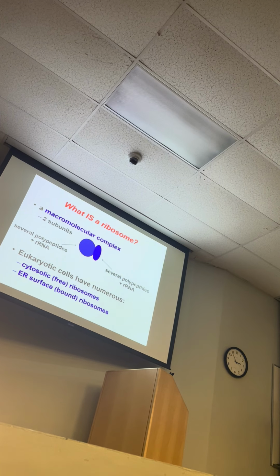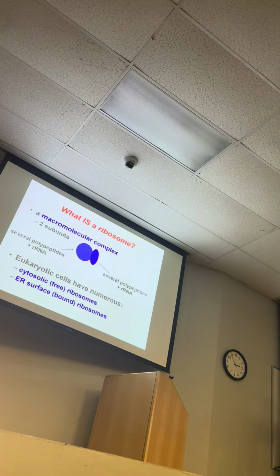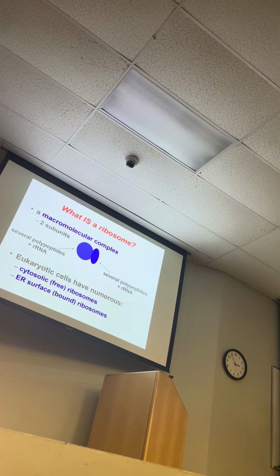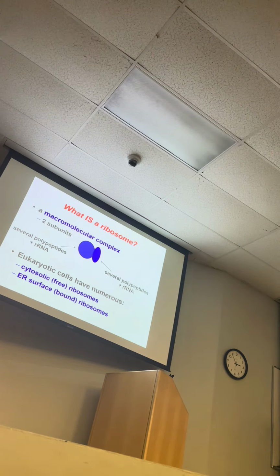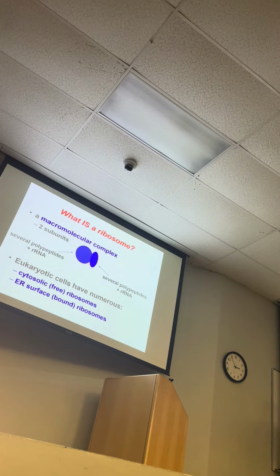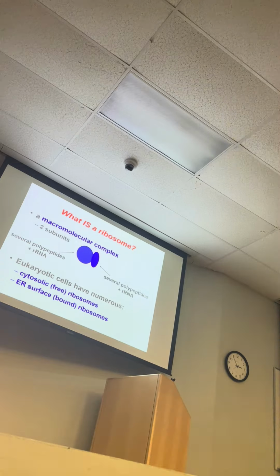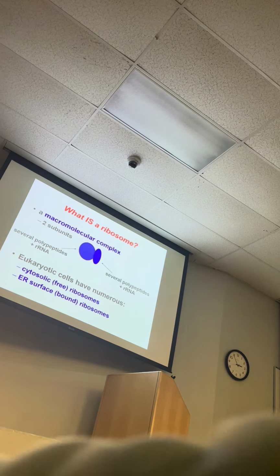In eukaryotic cells, there are ribosomes in the cytosol. It's a pool of ribosomes, actually. There are ribosomes in the cytosol. But I think you already know there's also ribosomes attached to the surface of the what? ER. Yeah, there's ribosomes on the surface.